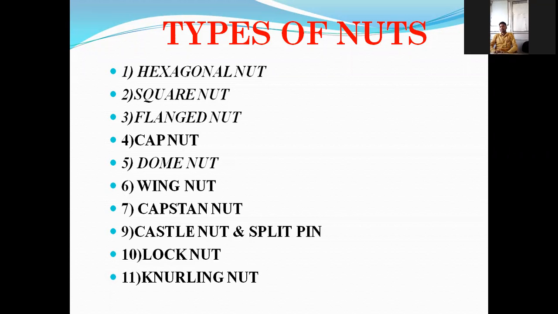Types of hexagonal flange nut. Next, Sangram Bhosle, roll number 20.